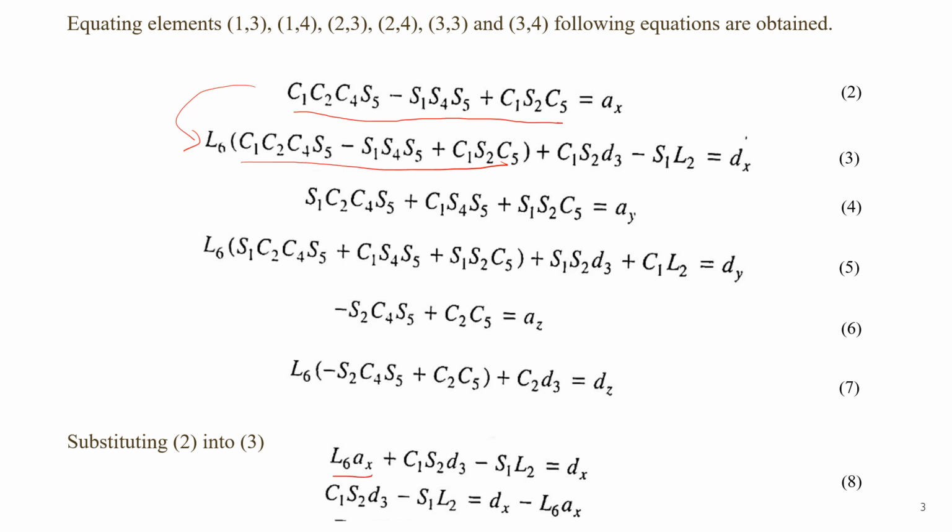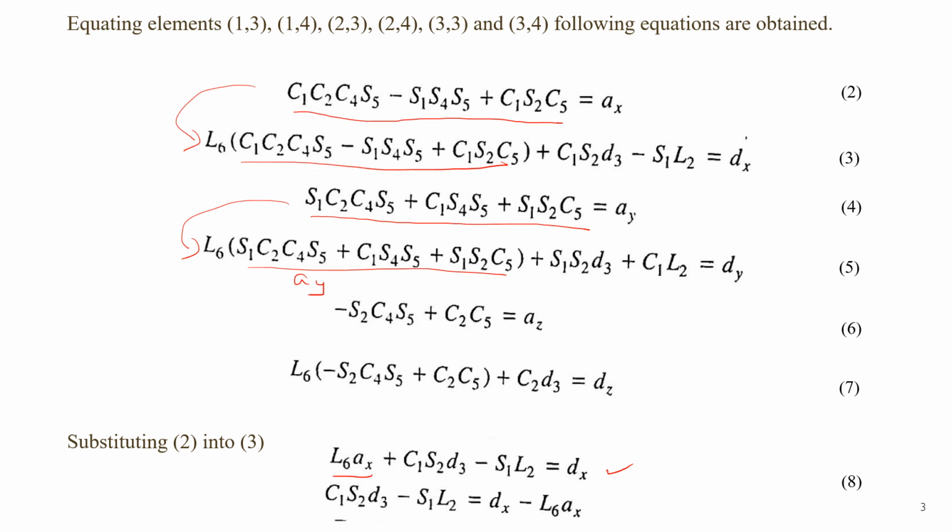So just substituting it in this, you will be getting L6AX plus C1S2D3 minus S1L2 equal to DX. Right? The same way, this term, that is S1, C2, C4, S5, is same as this. So just substituting this in here, you will be getting L6AY plus S1, S2, D3 plus C1, L2 equal to dy, right?